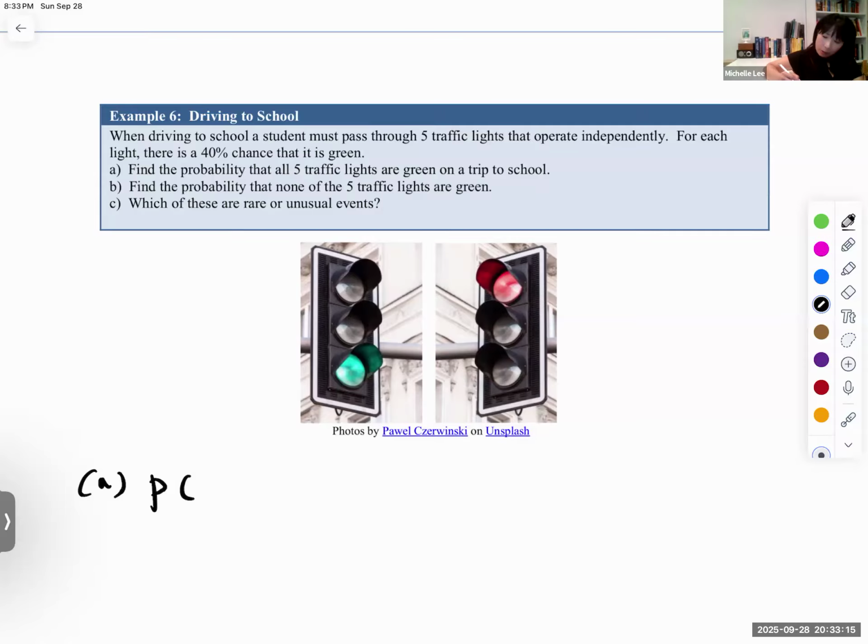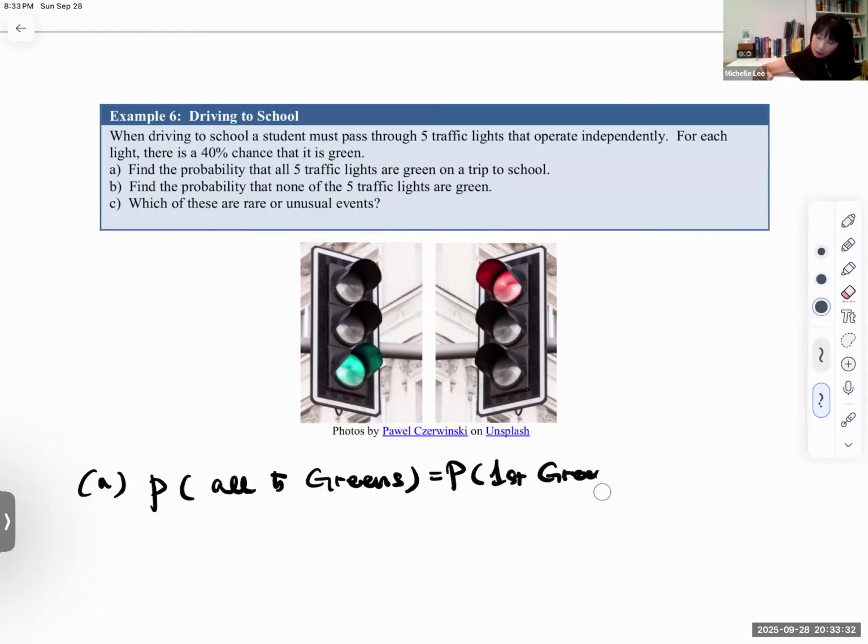What's the probability of all 5 greens? So independent, so we can use that. The first green and second green. Okay, let me write down again.